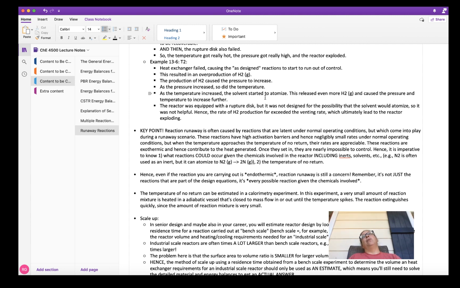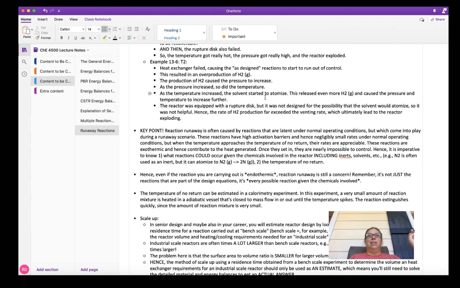That particular reaction had a very high activation barrier, so the rate under normal operating conditions was very, very small. It was something you didn't really have to worry about. As the temperature went up, the rate became appreciable regardless of the high activation barrier. So at some point, the rate of that solvent decomposition reaction was appreciable, and now that reaction is occurring.